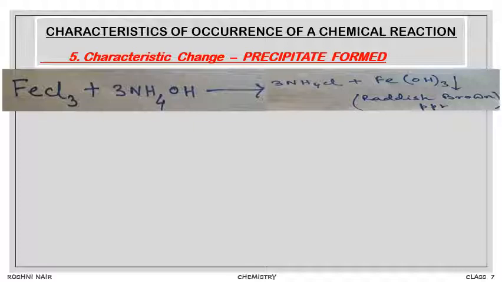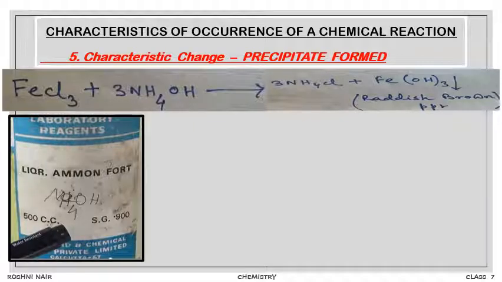What is the resultant product we are getting? We are getting NH4Cl and Fe(OH)3, or iron hydroxide. It is formed, and what is the color of the precipitate? It is reddish brown in color. Iron always has that brown. I'll show you that iron color is specific and different.